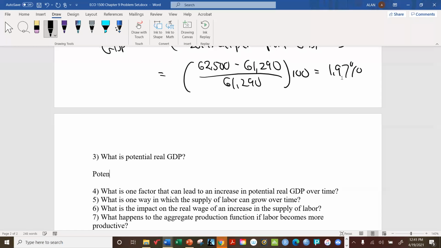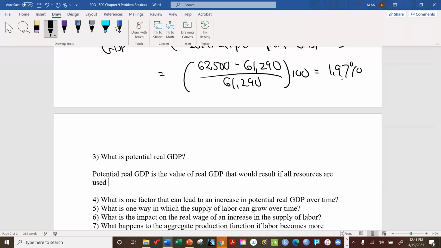Potential real GDP is the value of real GDP that would result if all resources are used as efficiently as possible. Usually, the way they actually calculate it is what would be real GDP if we had no cyclical unemployment.